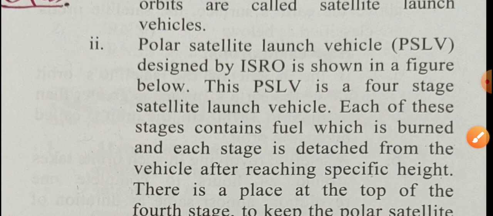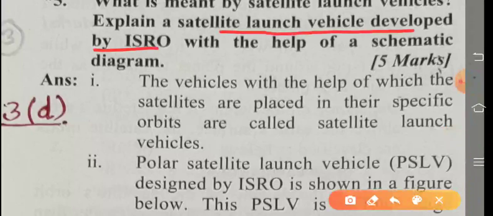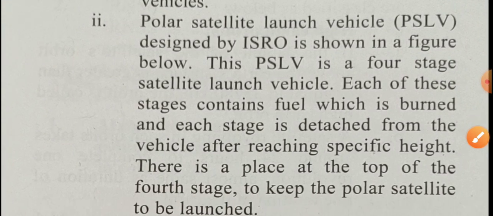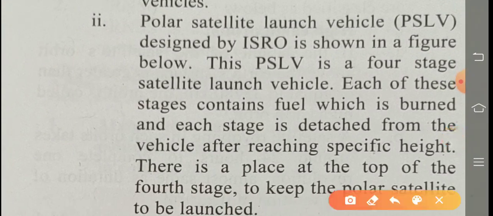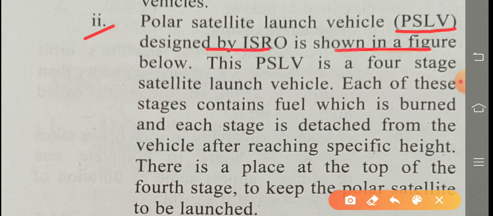Next, in the second point, now the explanation. What is given? Explain a satellite launch vehicle developed by ISRO with the help of a schematic diagram. Now check. So the explanation is given. Polar Satellite Launch Vehicle, in short PSLV, designed by ISRO is shown in the figure below. This PSLV is a four-stage satellite launch vehicle.